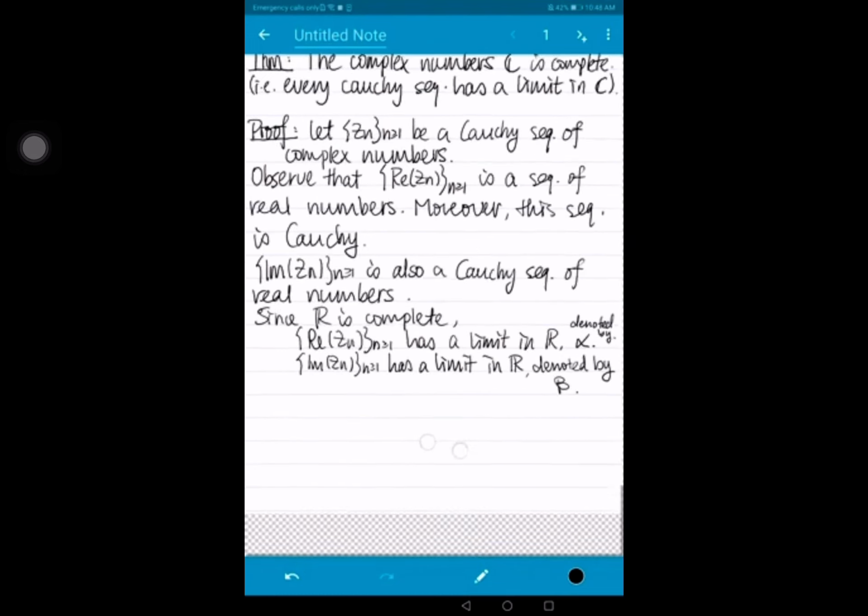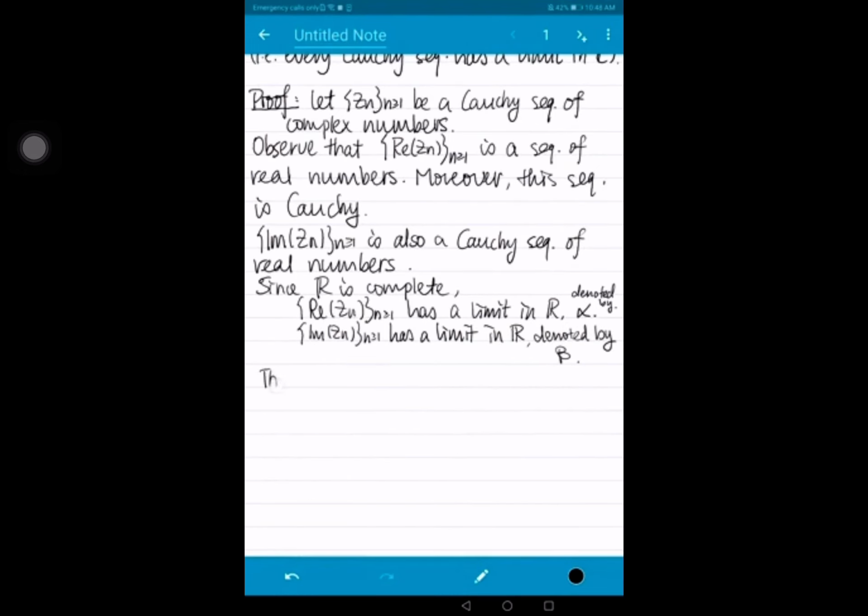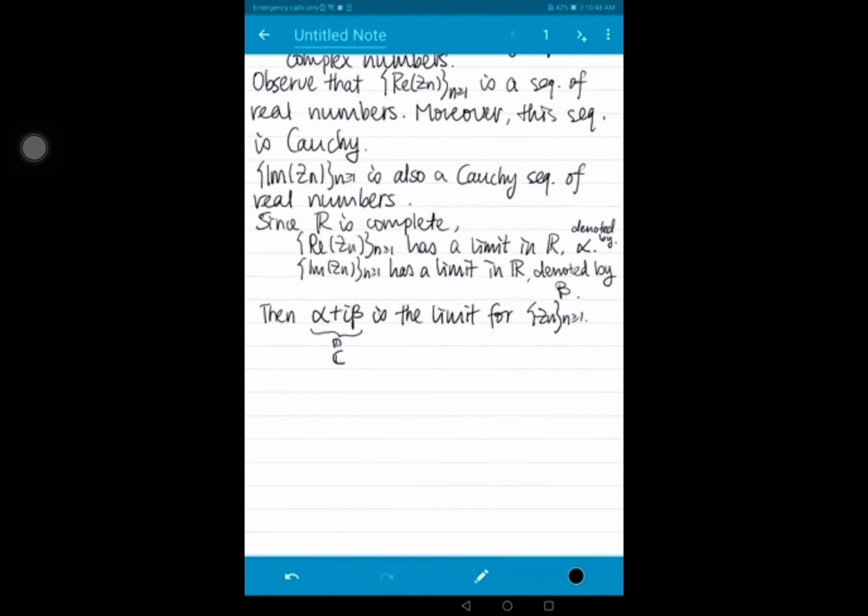Then we claim that alpha plus i beta is the limit for the sequence z_n. In particular, alpha plus i beta is a complex number. So we have shown that this sequence of complex numbers z_n has a limit in C.